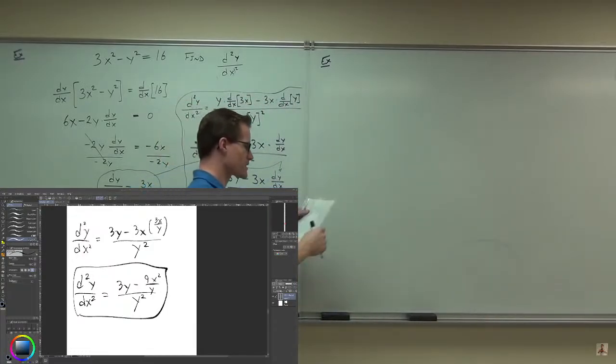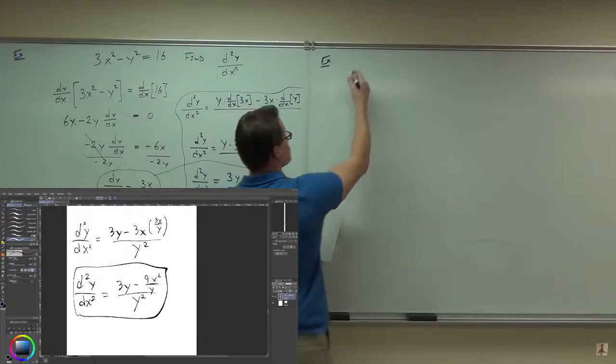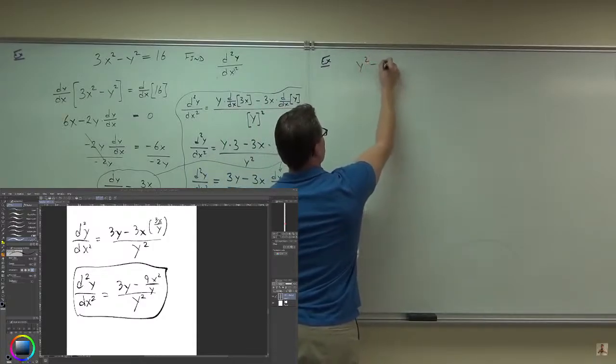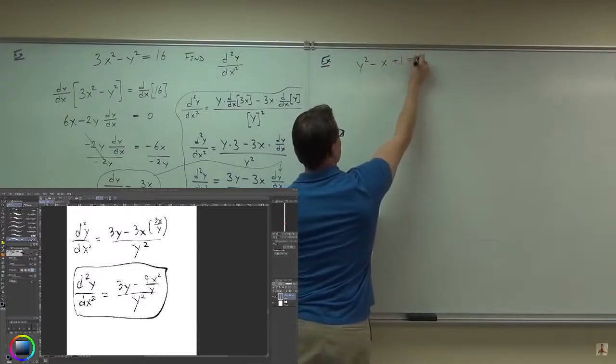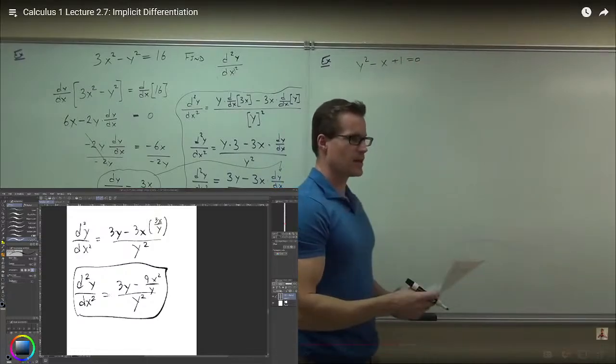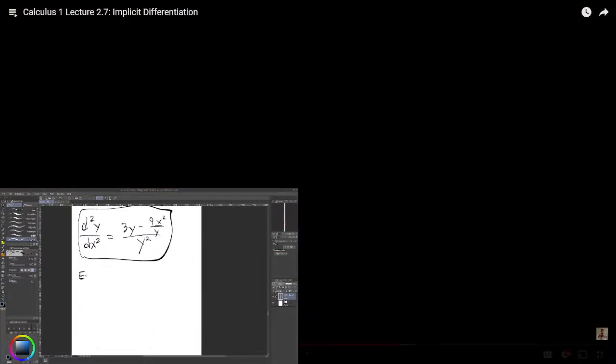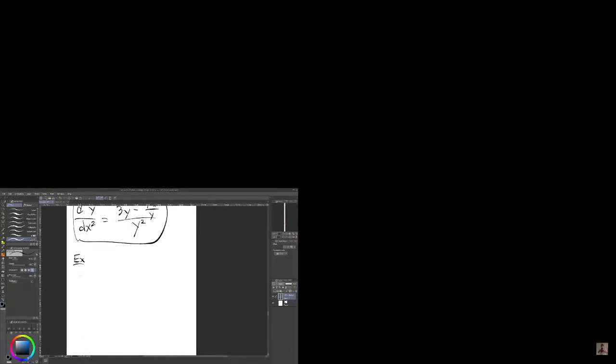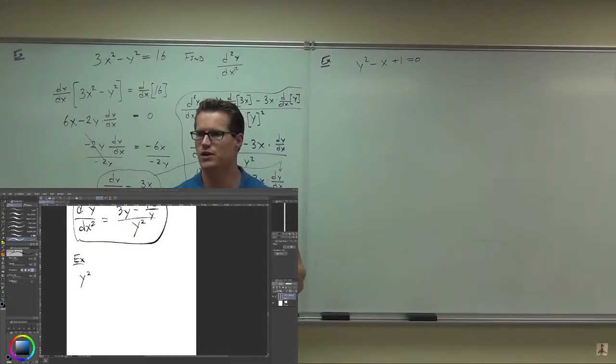Yes. So if I say, here's y squared minus x plus 1 equals 0, definitely an implicit equation. Can you find the slopes of that curve at two different points?